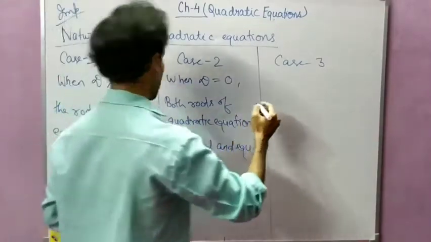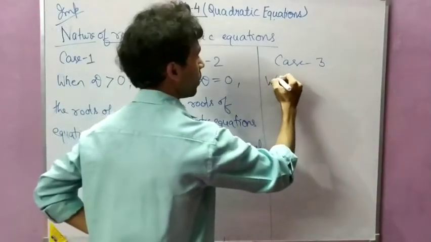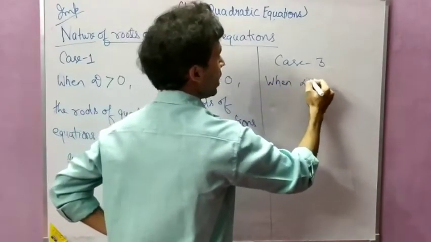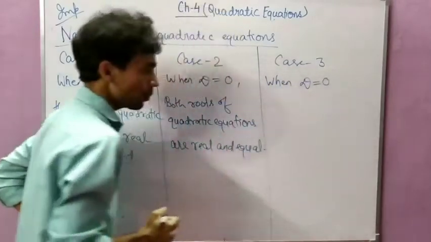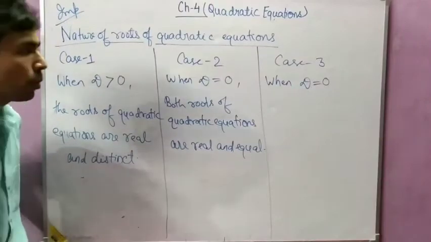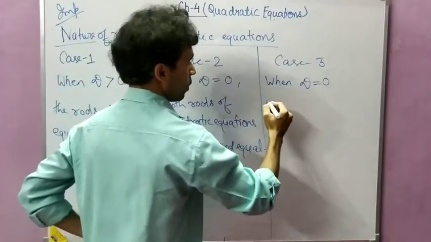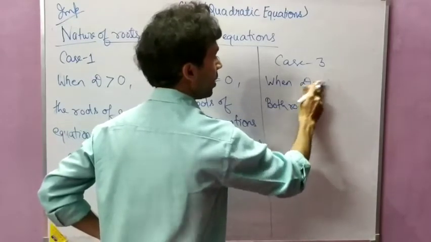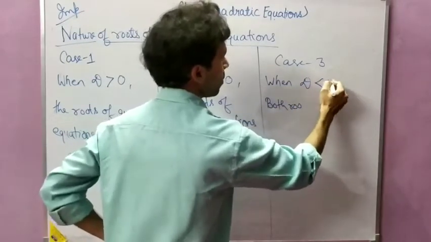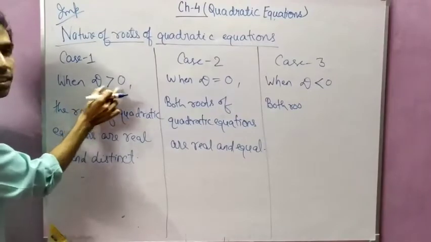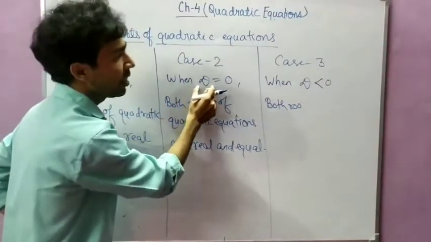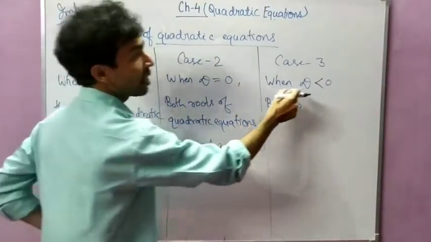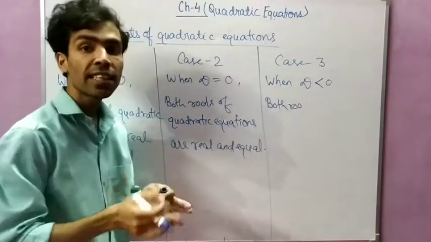And the third case is when D less than 0. Three cases. First case is when D is greater than 0. Second case when D is equal to 0. Third case when D is less than 0, means when D is negative.